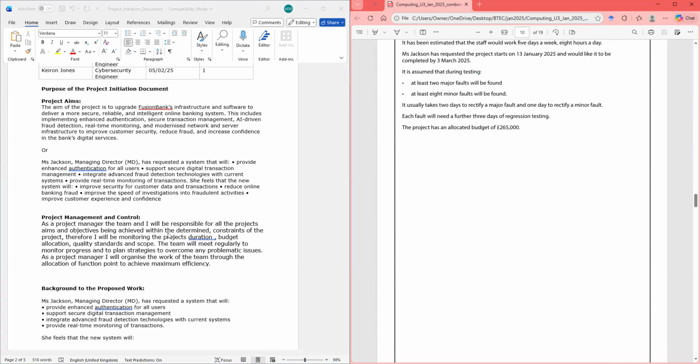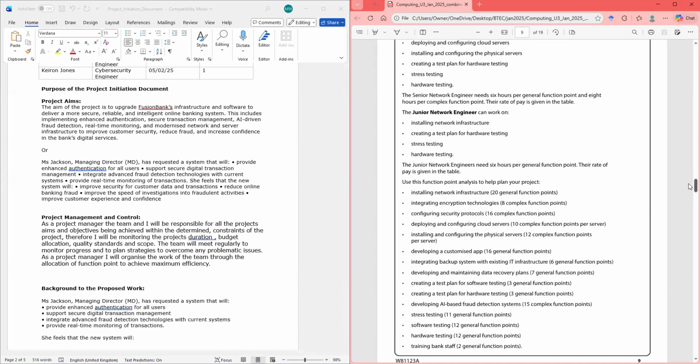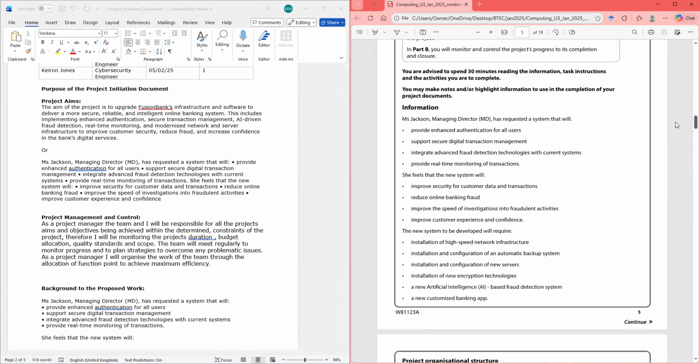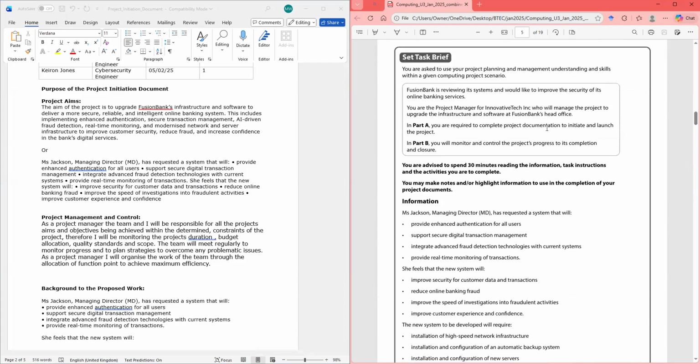So what I would do is project objectives. And what are the project objectives? So you could put what the project objectives are by going back up here. The objective of the project is to improve the security of Fusion Bank's online banking services.